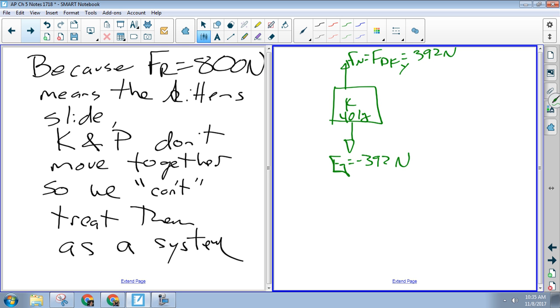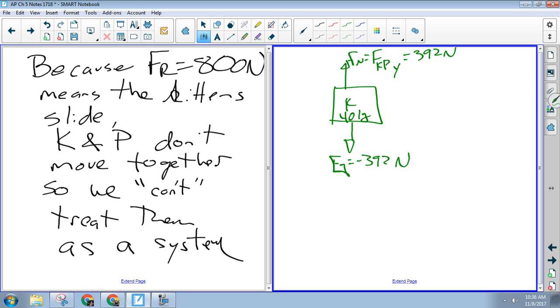Oh, I have it backwards, don't I? Thank you. Ugh, stupid notation. Everybody good?